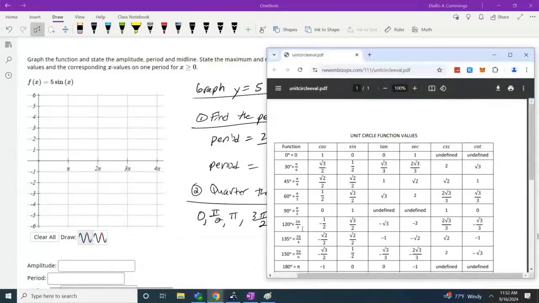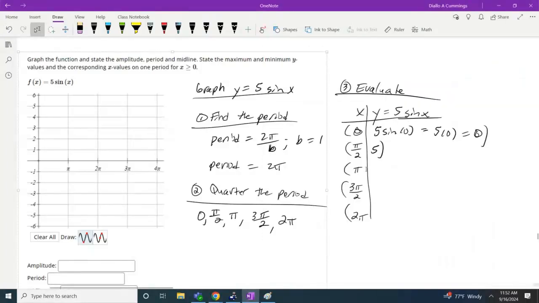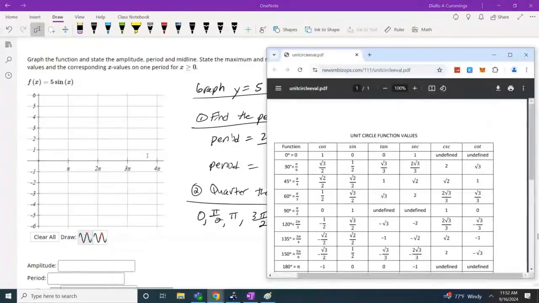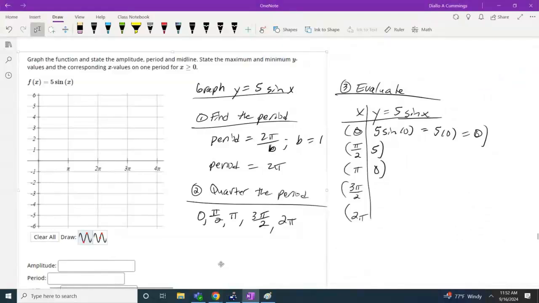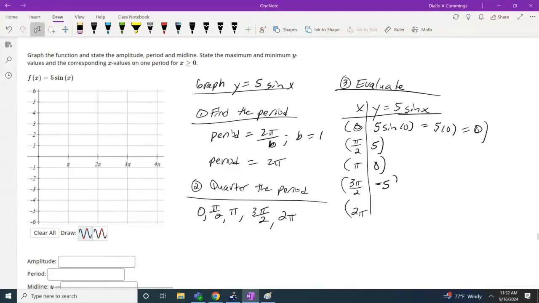If I find the sine of pi, that's going to give me 0, and then 0 times 5 is 0. Then 5 times the sine of 3 pi over 2. The sine of 3 pi over 2 is negative 1, and negative 1 times 5 is negative 5. And then we complete one cycle. The sine of 2 pi is 0, and 0 times 5 is 0.